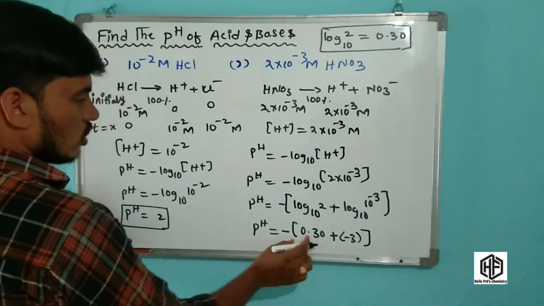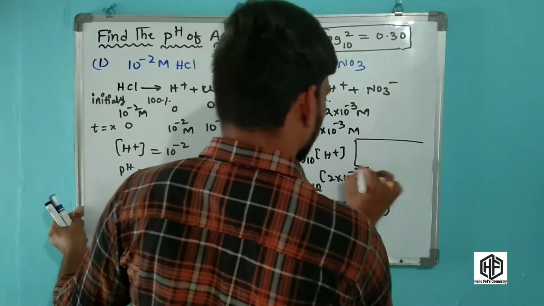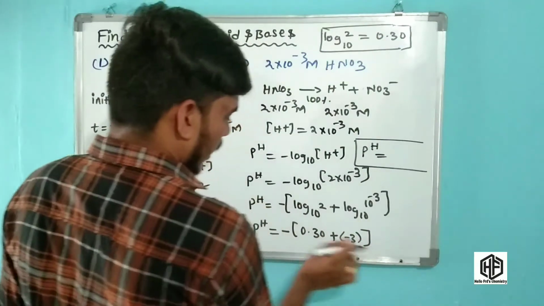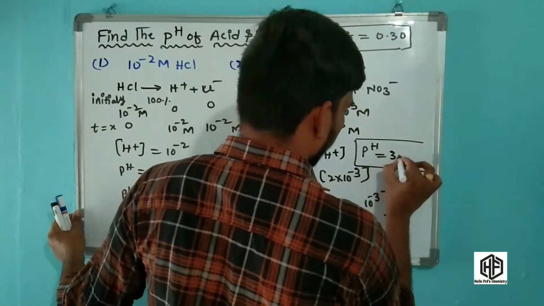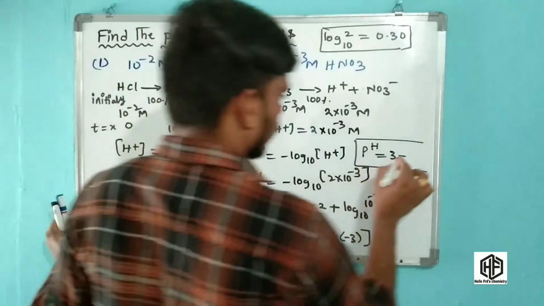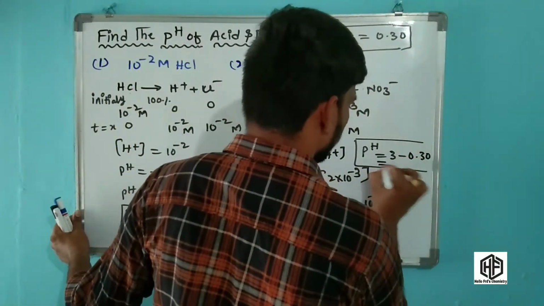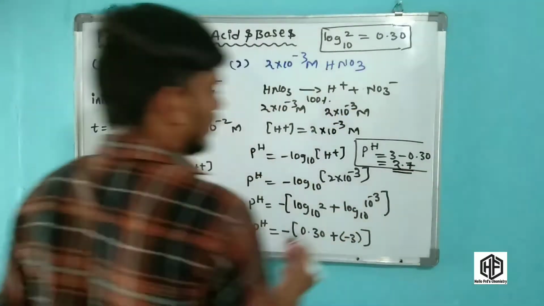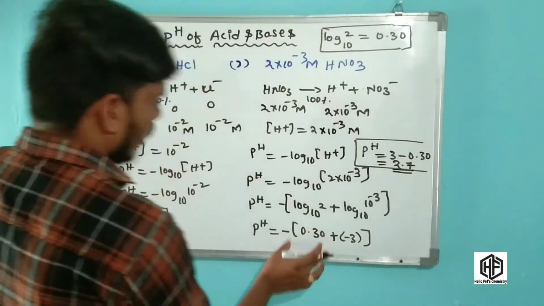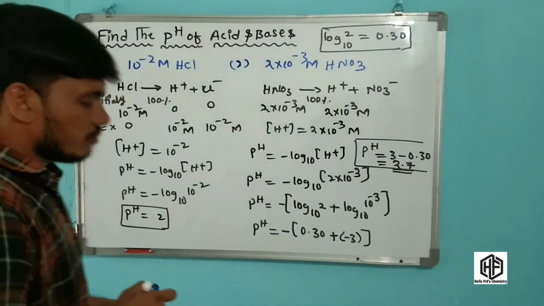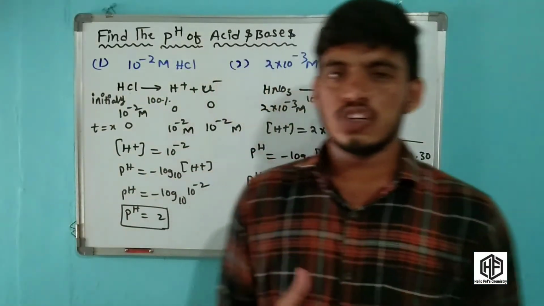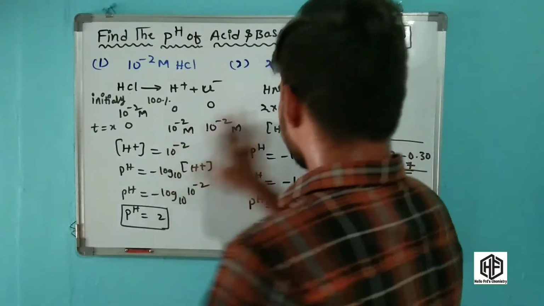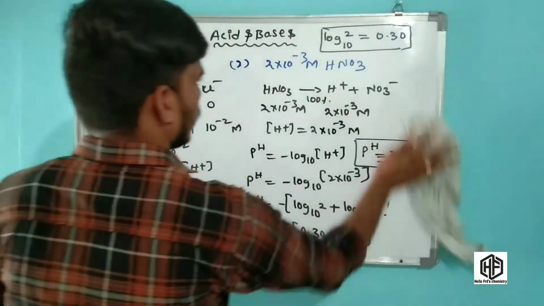Now friends, in this problem pH is equal to minus into minus plus 3, therefore 3 minus 0.30. So the pH value of this problem is 2.7. This is for monobasic acids. Now I am going to talk about another problem, the dibasic acid, and how to calculate its pH values. This is clear, friends?